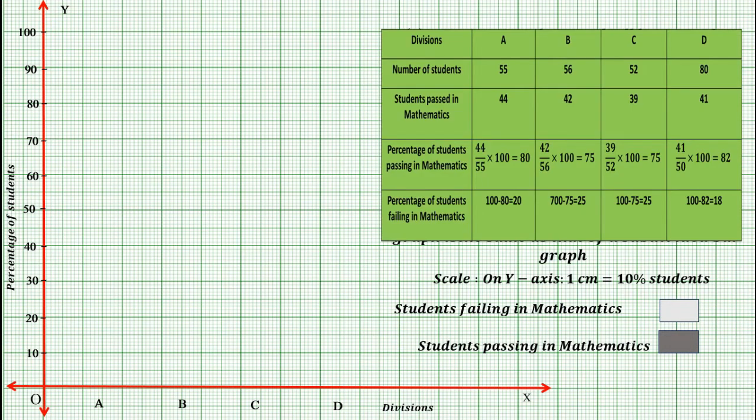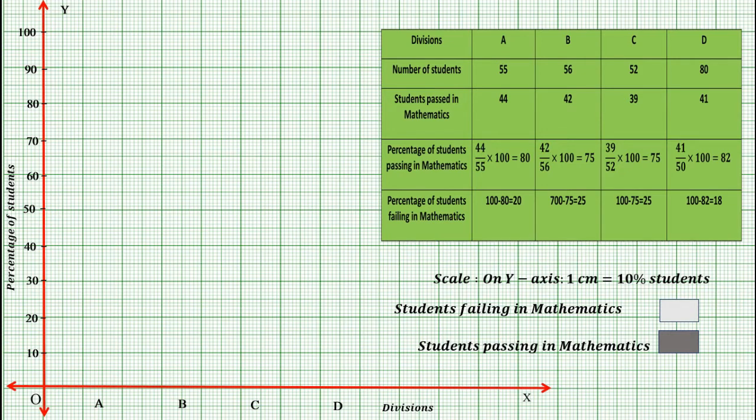So here is a table we already made in the last slide. We have to prepare a bar graph by using this table.